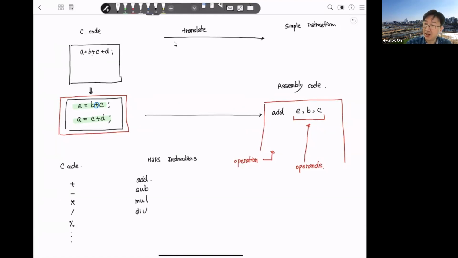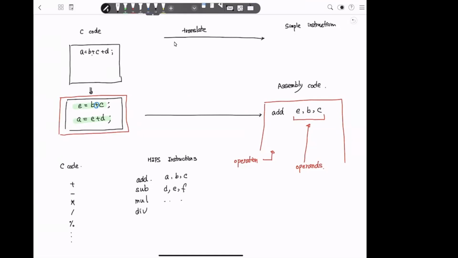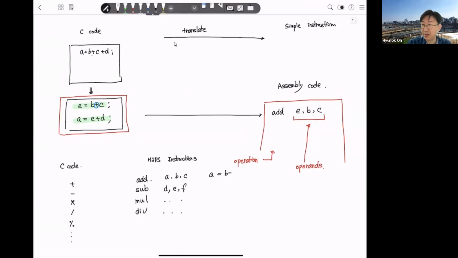For each operation, the number of operands is 3. So A equals B plus C means the first one is generally the destination. We will use this approach, so the instruction set is not going to be hard. For each operation, we will map to the corresponding instruction.